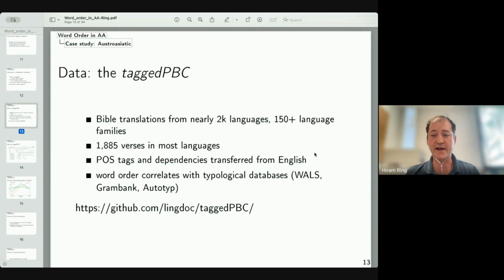Those are expert determinations for things like subject and verb order for intransitive clauses, or subject, verb, and object word order for transitive clauses. And the correlations are actually quite striking. So I think it's a good baseline to start with.